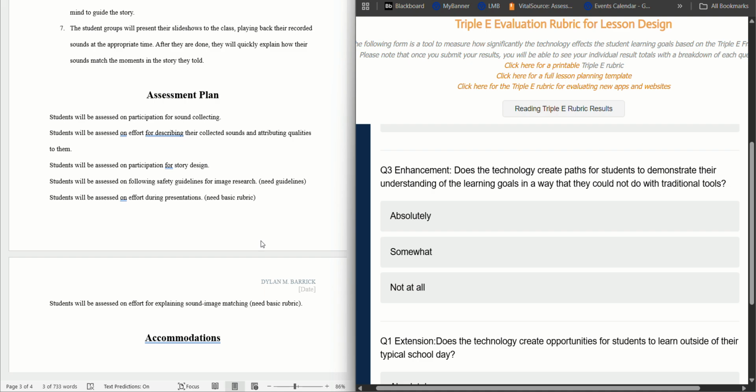So when they create that story, I think that technology itself does not necessarily create paths for students to better demonstrate. But then again, having those audio files come through, and if we can have those audio files that they recorded be played during the presentation, that would be a great way to enhance the demonstration of their understanding.